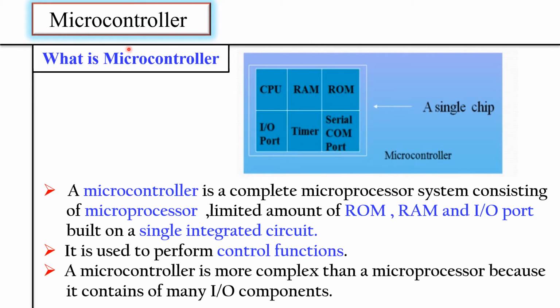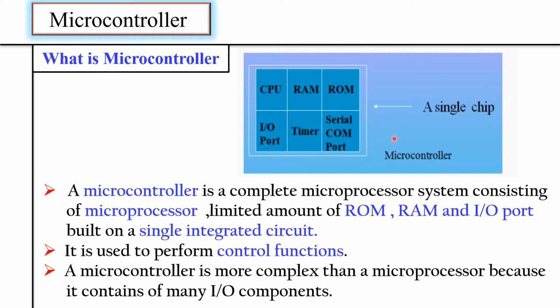So let us define microcontroller. By definition, a microcontroller is a complete microprocessor system, but it has a limited amount of memory, limited amount of RAM, limited amount of ROM or EEPROM and input-output ports, and all of them are integrated on a single chip.